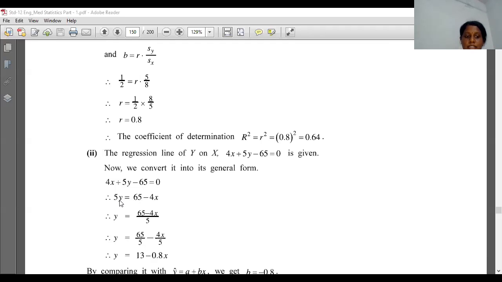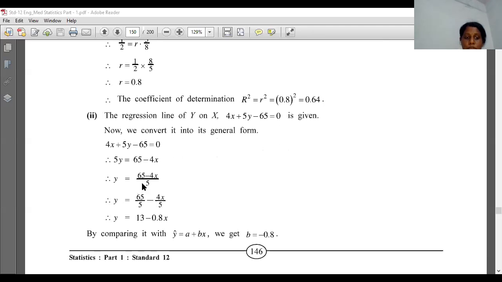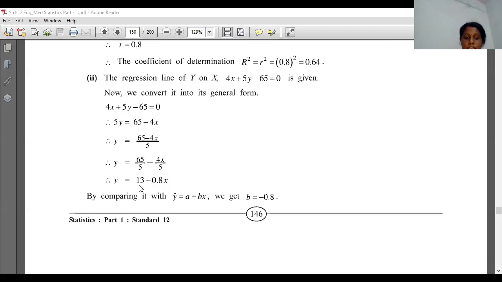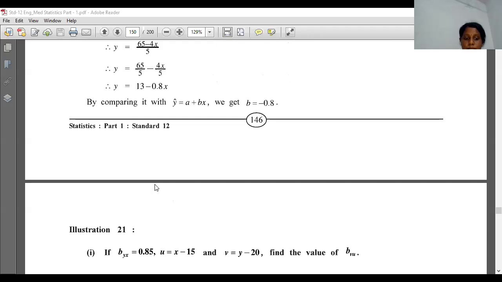So we have arranged, see, y cap equal to a plus bx. That format is done. So y cap equal to 65 minus 4x, so y equal to 65 minus 4x upon 5. So we have distributed 65 upon 5 and 4x upon 5. So y equal to 13 minus 0.8x. So here the value of b is minus 0.8.